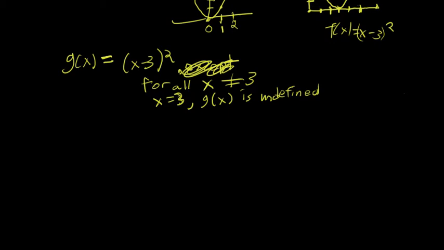So this graph will look similar to the x minus 3 quantity squared, but with one notable exception.